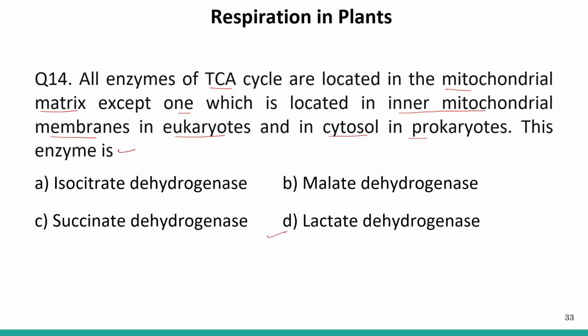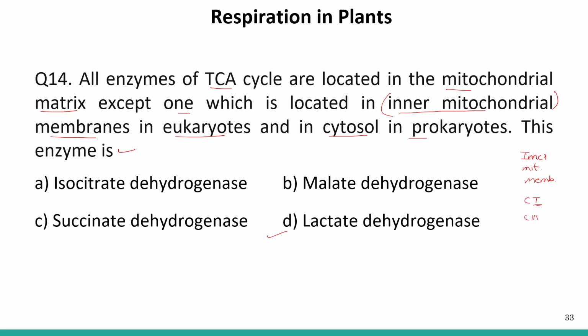They are asking about the enzyme present in the inner mitochondrial membrane. We know that the complexes of the electron transport system are present there. Complex 1 is known as NADH dehydrogenase. Complex 2 is known as succinate dehydrogenase.